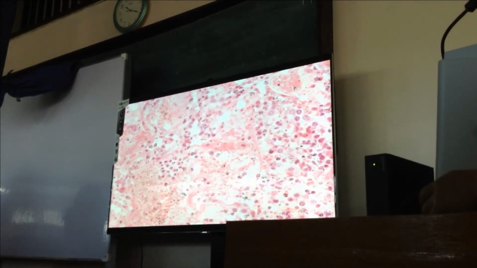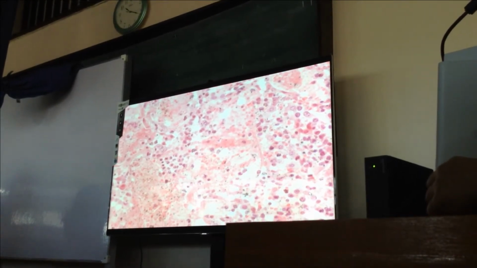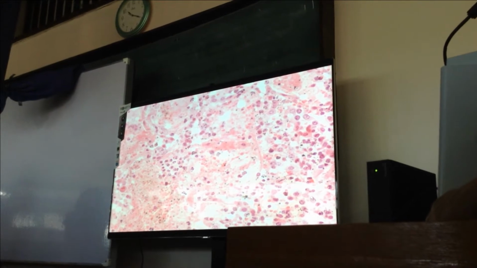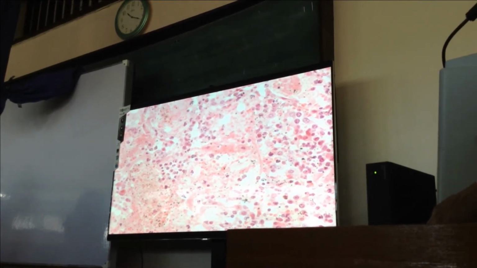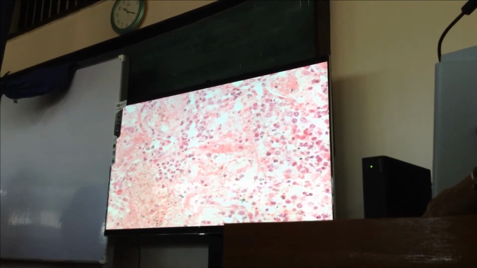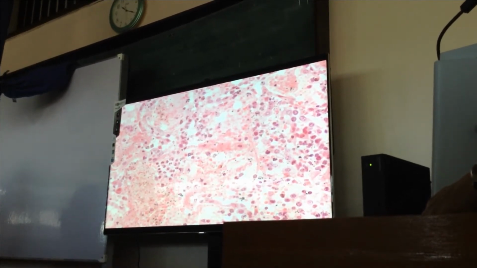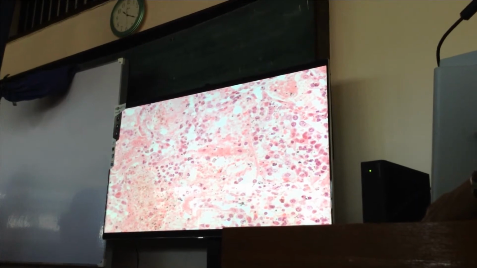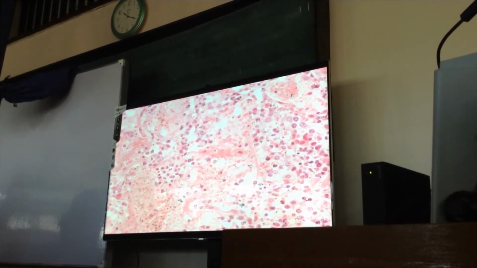Very good. Apoptosis. So expect that this slide, if ever it comes out in a practical exam, will be under high power magnification for you to be able to see the characteristic enlargement of the infected cell and the eosinophilic, or the pink to orange colored viral intranuclear inclusions.